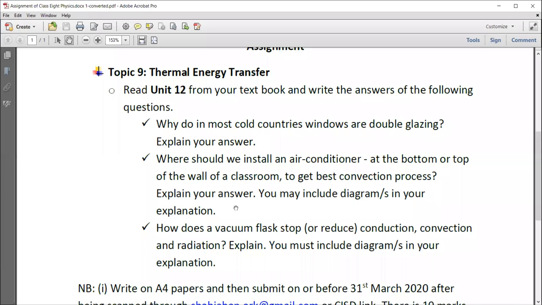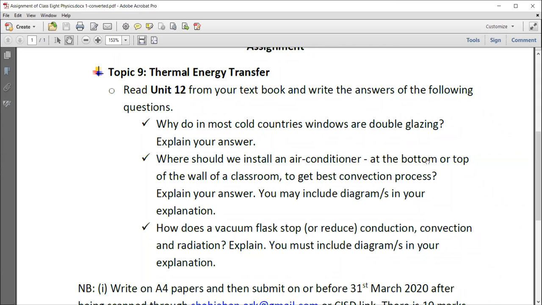Now, the second one we are explaining again. I'm giving you one example. In our convection process, we have one principle: the cooling element should be at the top, and the heating element should be at the bottom.